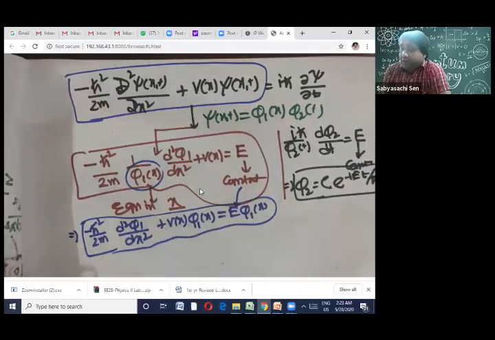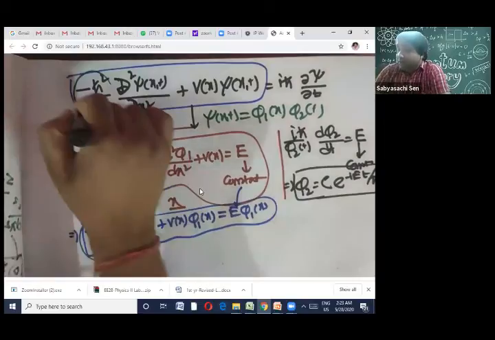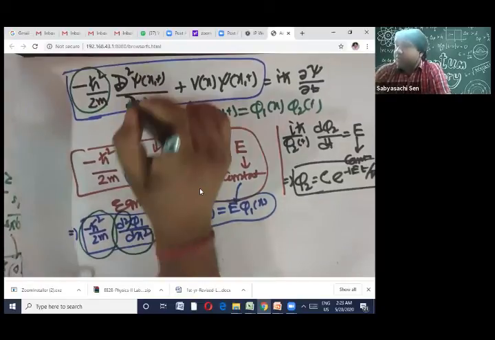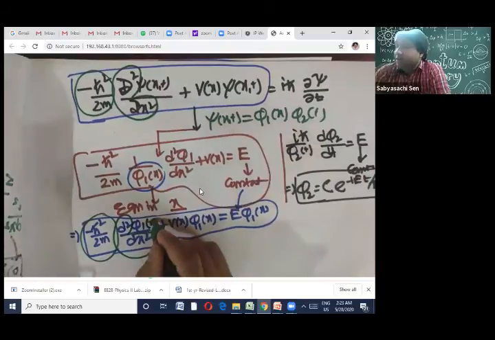You see, I am just comparing. Minus h cut square by 2m, minus h cut square by 2m, very similar. Double derivative with respect to x, double derivative with respect to x. Function, function.